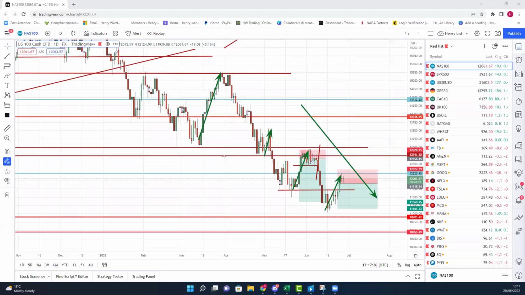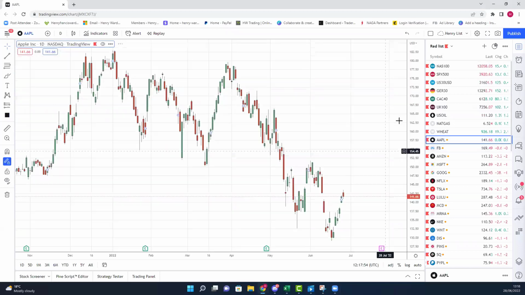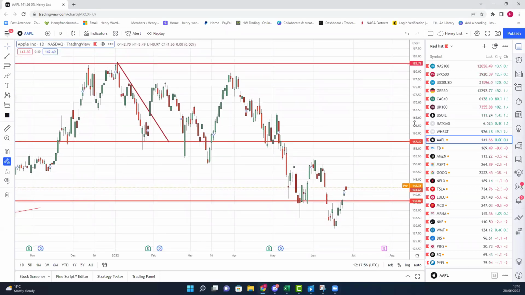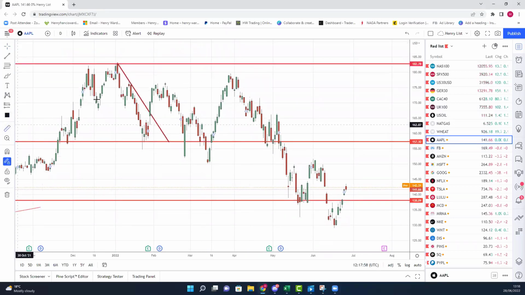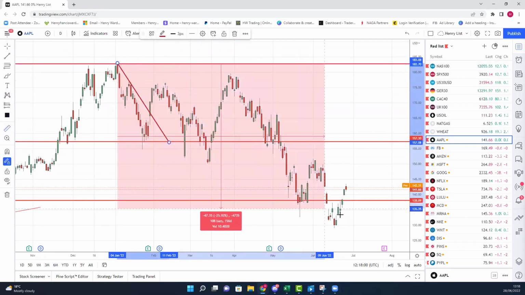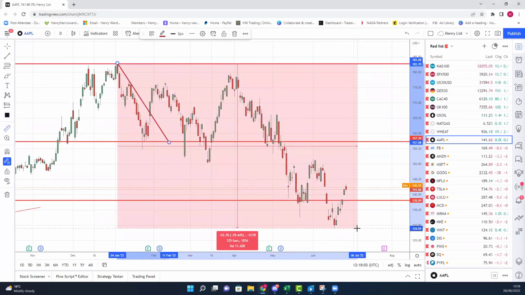Now, what we could be doing is dollar cost averaging into these stocks. So once we look at the stocks that we have here, let me clear all the drawings, we look at what has happened over the market. We look at the likes of Apple. Apple has dropped from the high down to here, which was 30%.